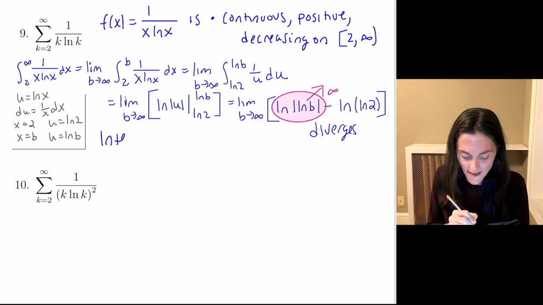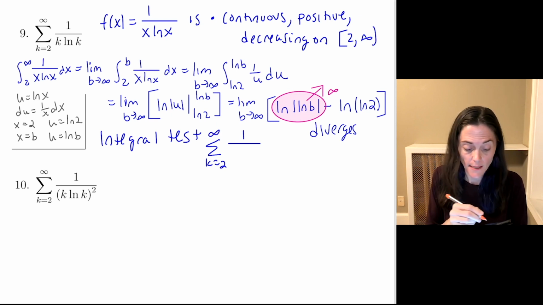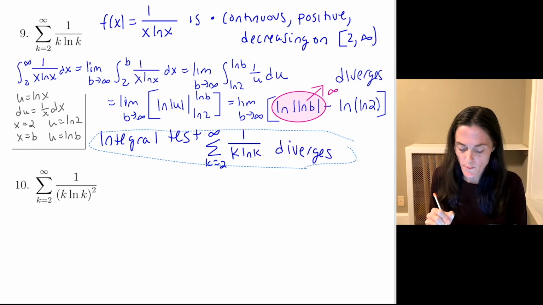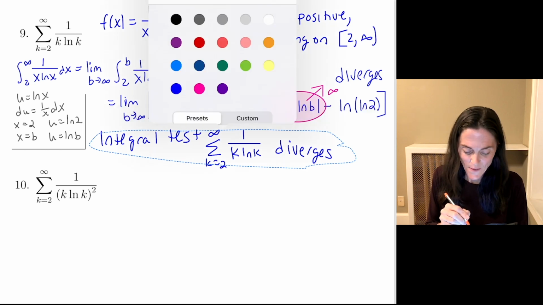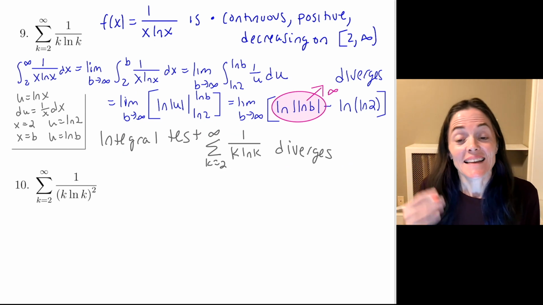We quote the test. This was the integral test. And we state the conclusion: the sum, k equals 2 to infinity of 1 over k ln k diverges. Then maybe I will do this part in gray so we can see a difference between the improper integral and series.